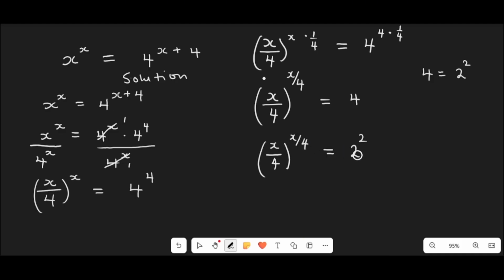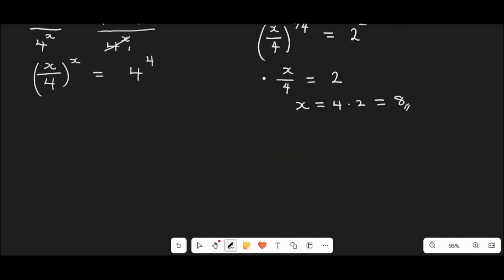On the right hand side, our base is 2, our power is 2. That means we can compare either the base or the power to determine the value of our x. So we can say x over 4 equal to 2. So if we cross multiply, x equal to 4 multiplied by 2, and x equal to 8. So the value of our x is 8.